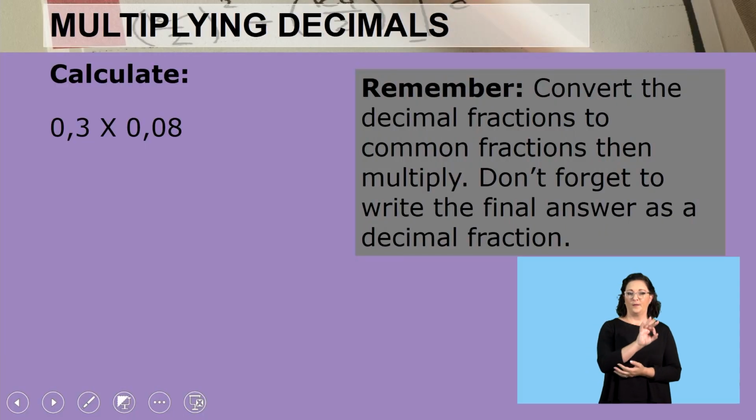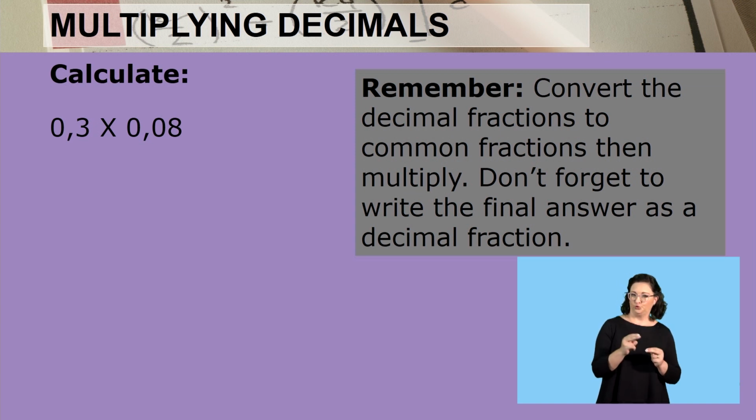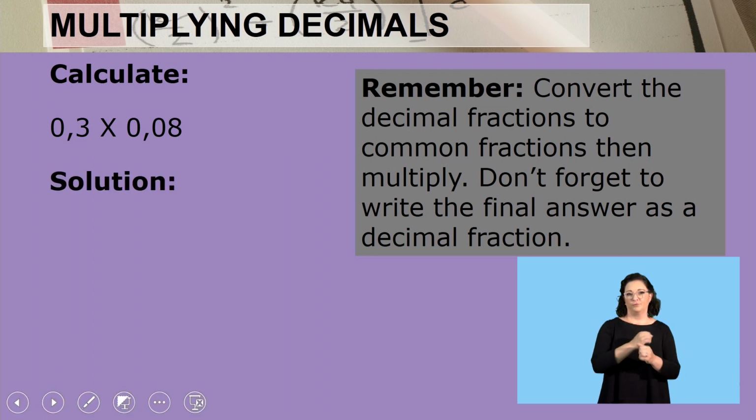Calculate 0,3 multiplied by 0,08. Before we use that shortcut method, let's look at what other method we could use. First, we want to convert the decimal fractions to common fractions, then we multiply. Then don't forget to write the final answer as a decimal fraction because the question was given as decimals. Let's see. Solution.